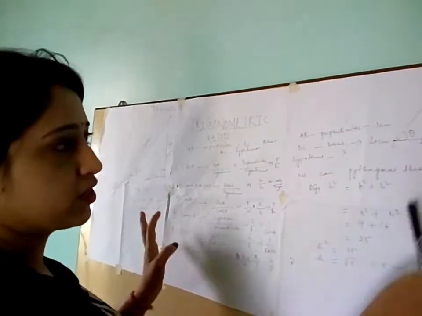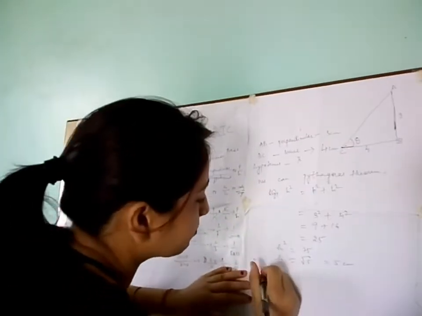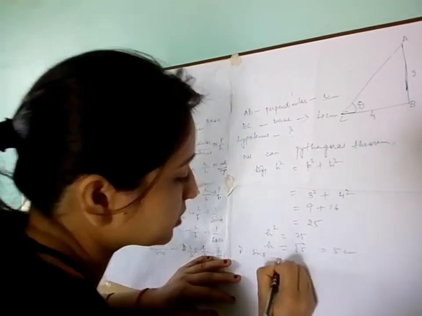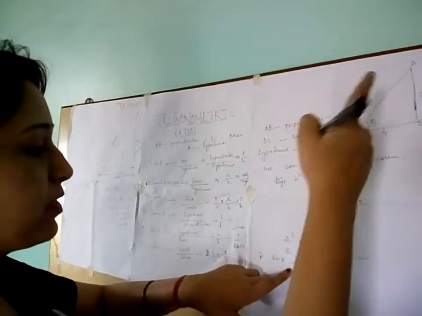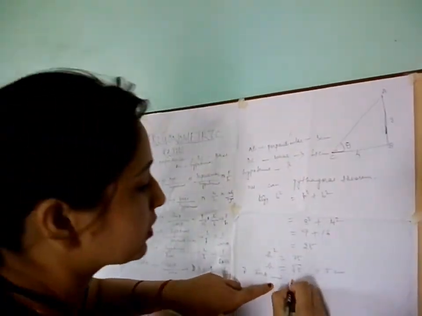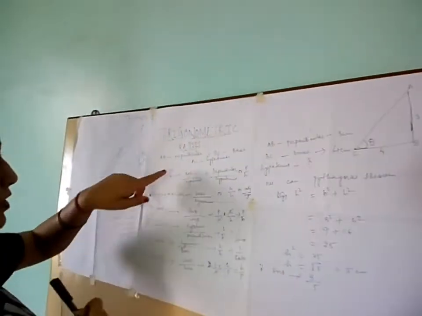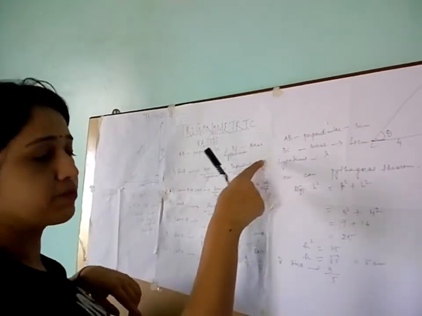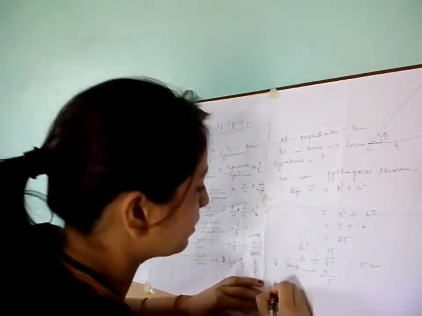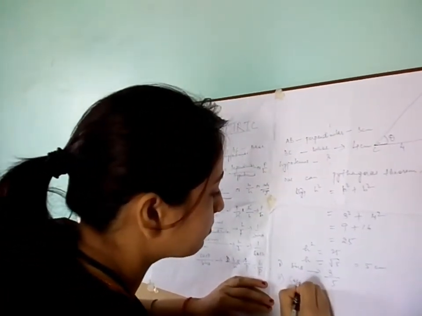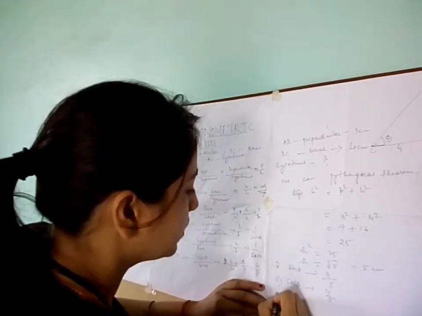Now we got our hypotenuse. Now we can put in the trigonometric ratios. So sin theta will be, if we have perpendicular 3 and hypotenuse 5, our sin theta's formula is P by H. So the answer will be 3 by 5. Cos theta will be 4 by 5.